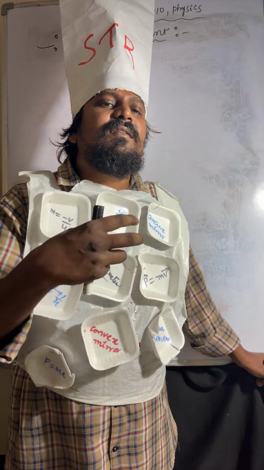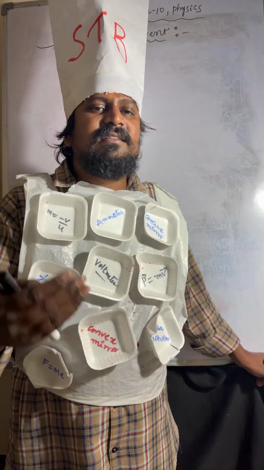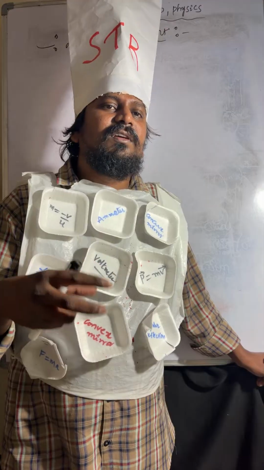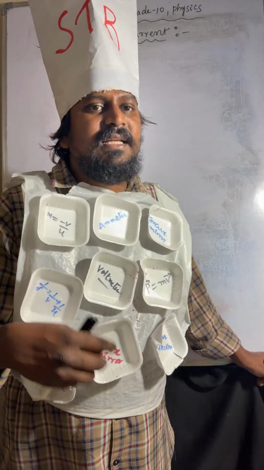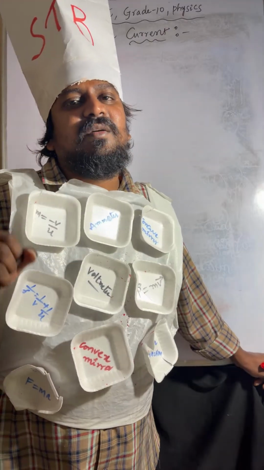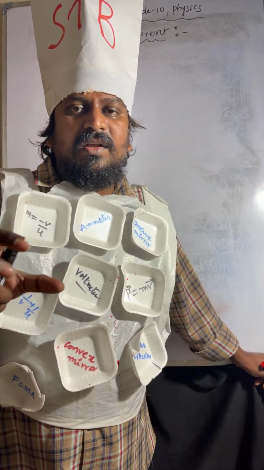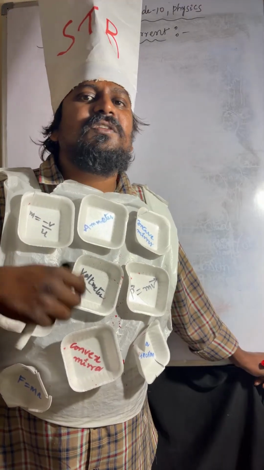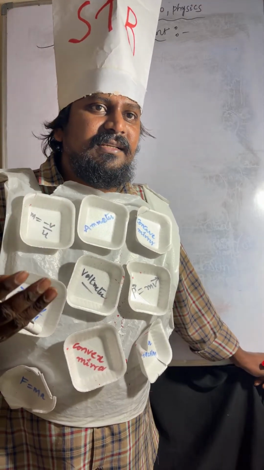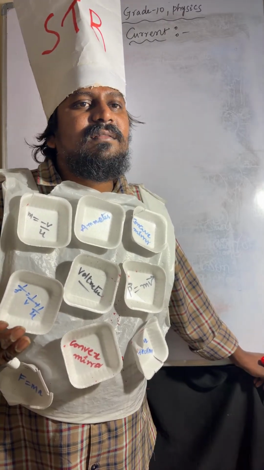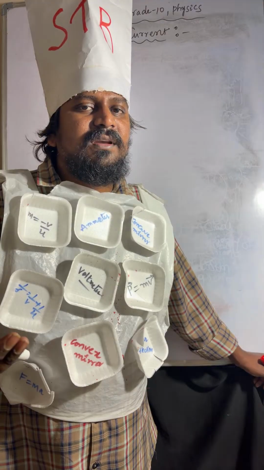Voltmeter cannot be connected in series combination. Sir, why? If you connect voltmeter in series combination, it won't show the reading. What is the reason? What is the purpose of the voltmeter?